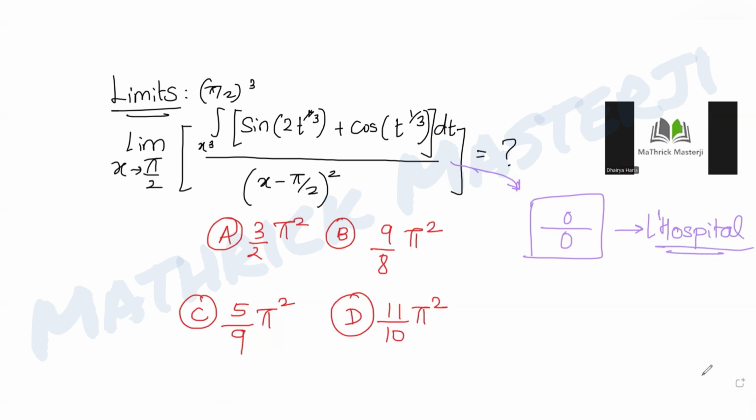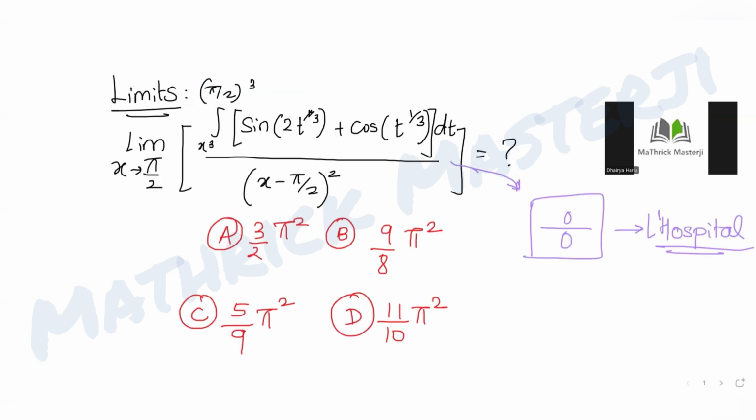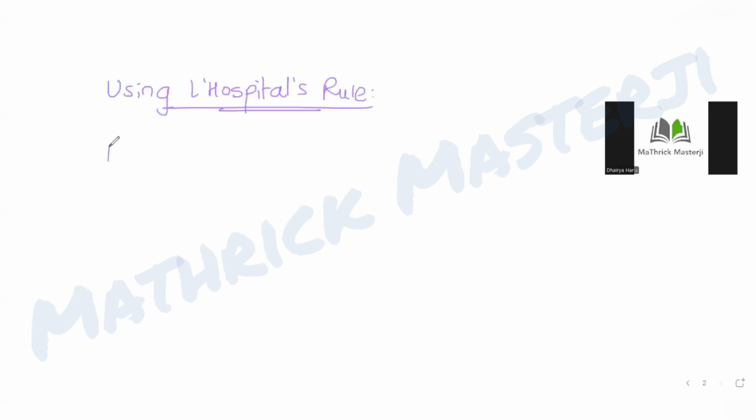So using L'Hopital's rule, I know whenever there's 0 by 0 form, I can find the separate derivatives of both numerator and denominator and then apply the limit to that. So limit x tends to pi over 2 as it is.